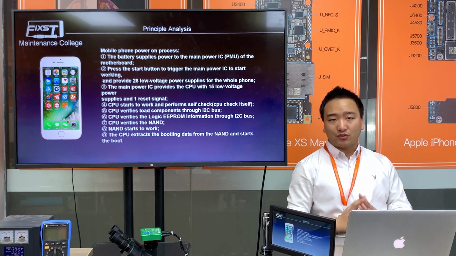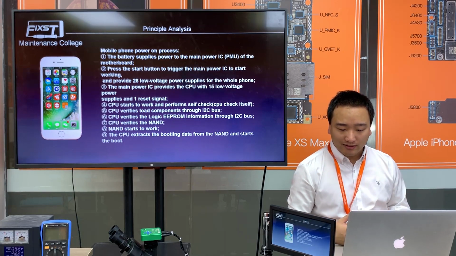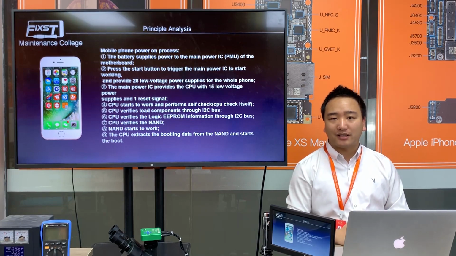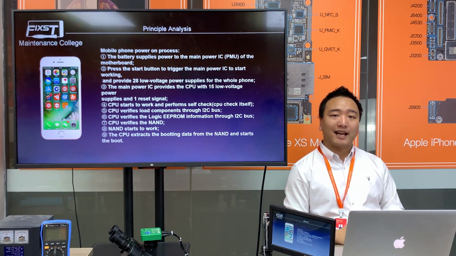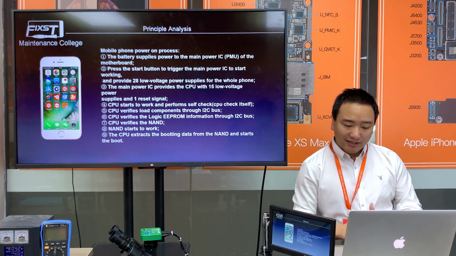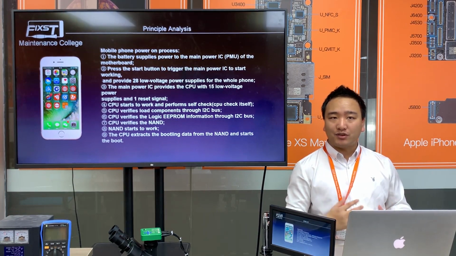When the phone powers on, the CPU will check whether the components are okay or not. If the CPU finds that some component or IC has a problem, it also causes a problem.